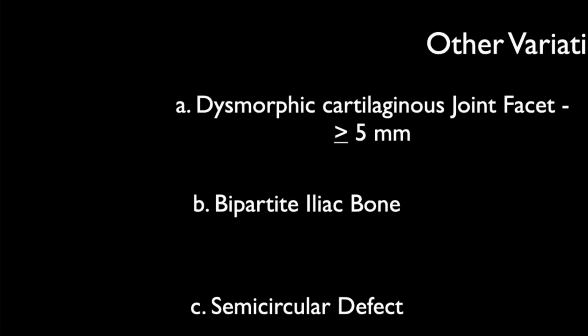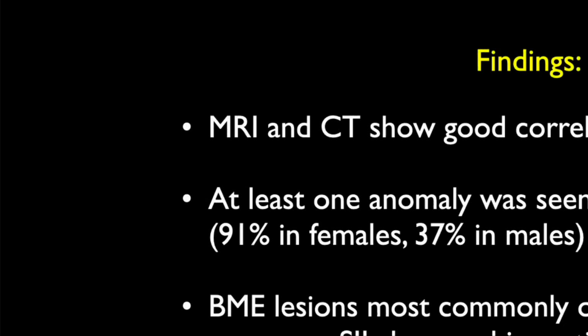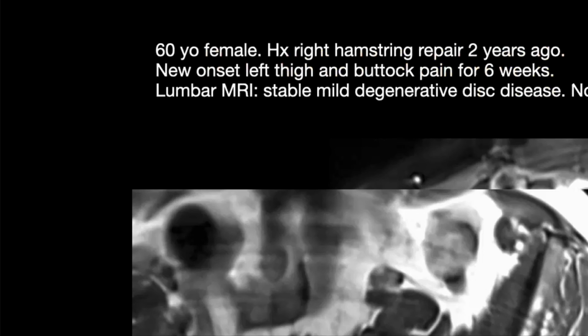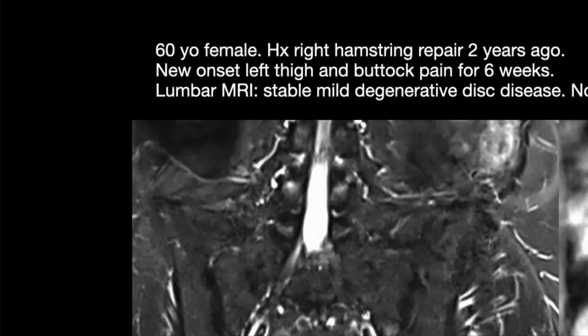You get these semicircular defects, which we can see here. You can get an unfused ossification center, and then again, a lack of good coherence here with a congenitally abnormal shape to the iliac bone. So there are a number of these that have been described, which can lead to traumatic injury to the sacroiliac joint and pain. And MR is pretty good at looking at these.